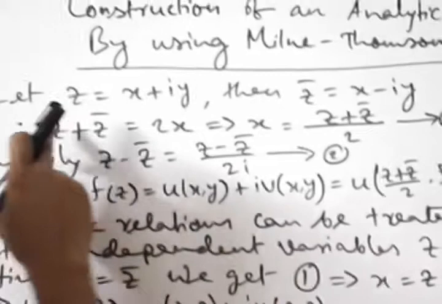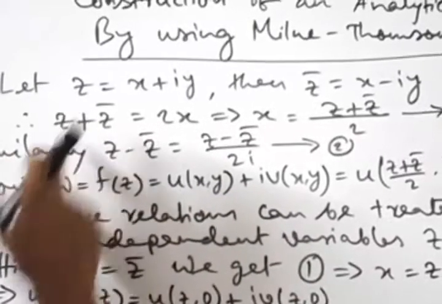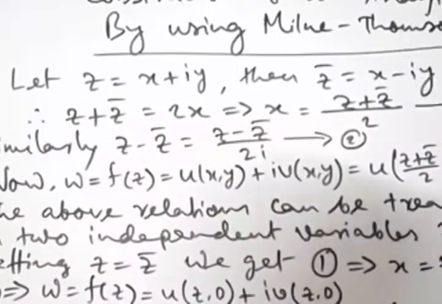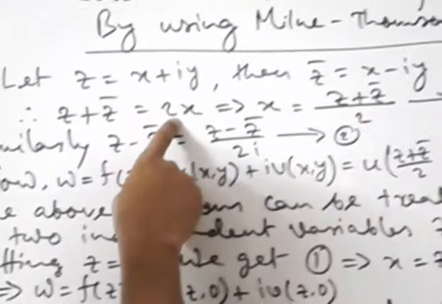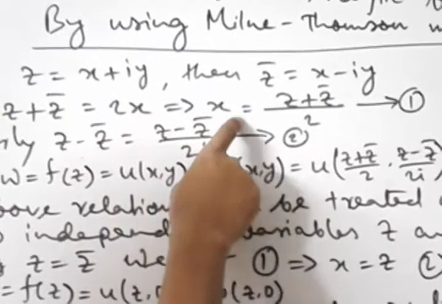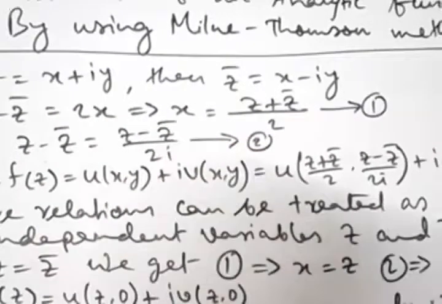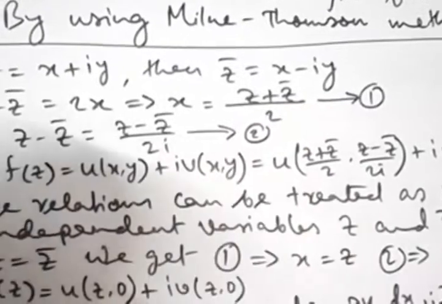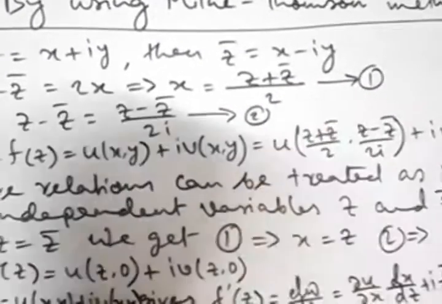So by adding z and its conjugate z bar, we get 2x, and from this we can find x is equal to (z plus z bar) divided by 2, which can be regarded as equation number 1.